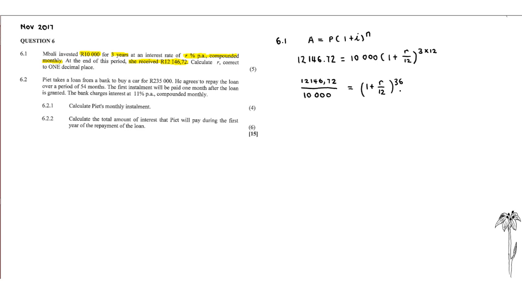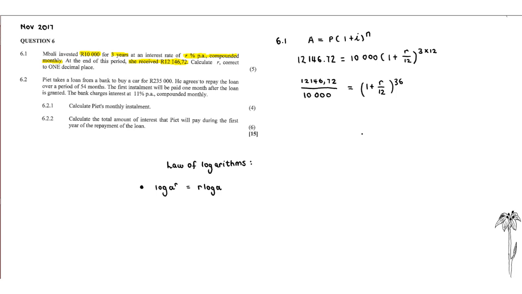Remember the laws of logarithms: one of the laws states that the log of a to the r is the same as r log a. So this exponent can drop down to the front, and that's exactly the rule that I'm going to apply in the next step.